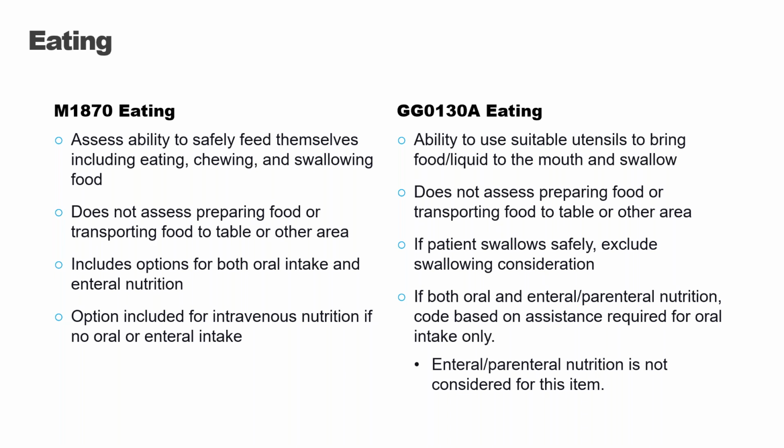We're just looking at, can they actually bring the food or liquid to the mouth and swallow, not really looking at the safety consideration for swallowing. If you've got both oral and enteral or parenteral nutrition, you're going to code based on the assistance required for oral intake only. And enteral or parenteral nutrition is not considered for this GG item.